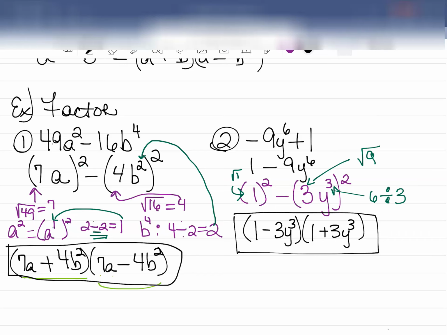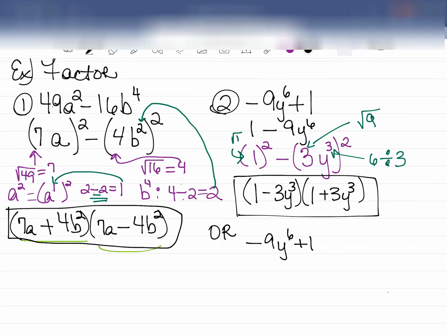Another way that we could have worked the problem, remember how we said you have to factor out a negative when that negative's up front? We could have factored out a negative to where in parentheses we would have had a 9y to the 6 minus 1. Then we figure out what's being squared.